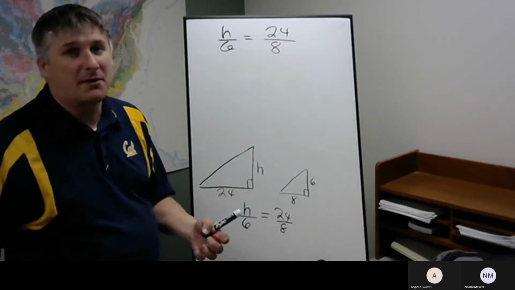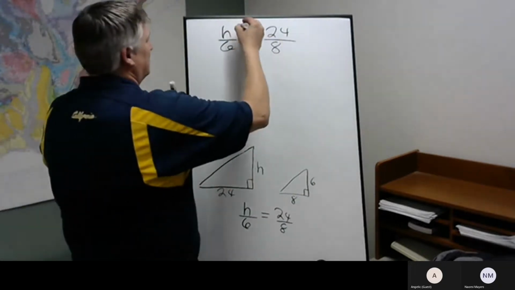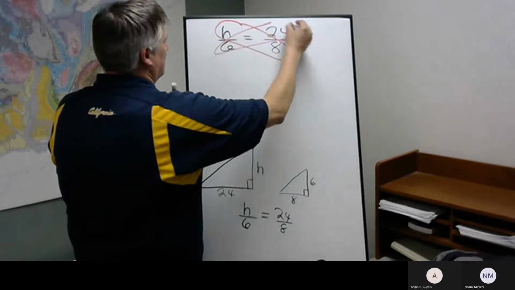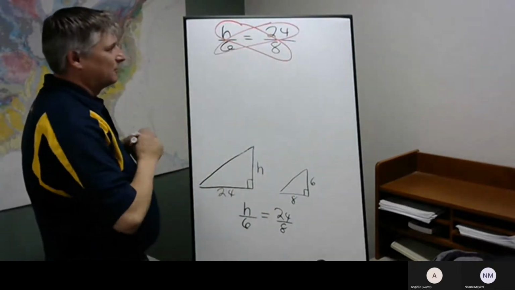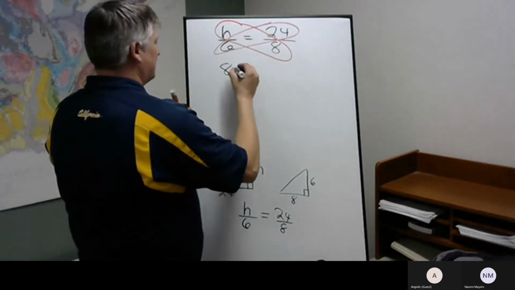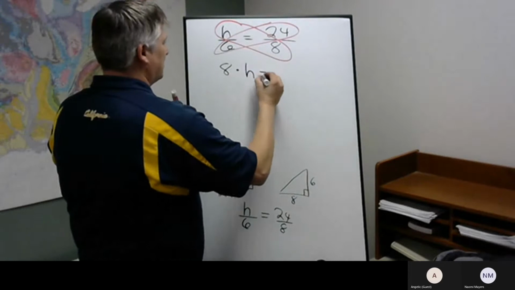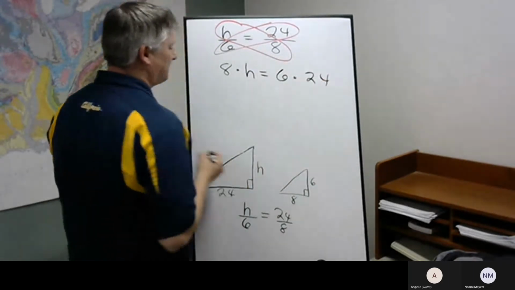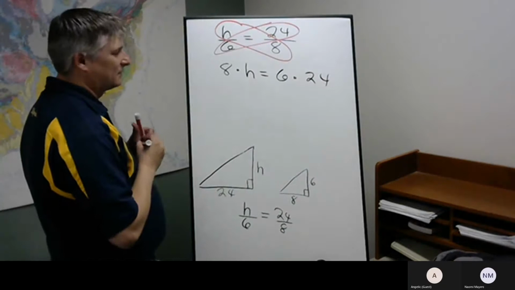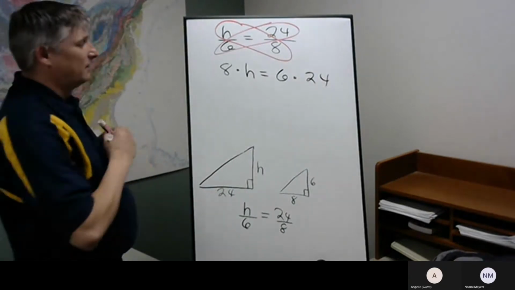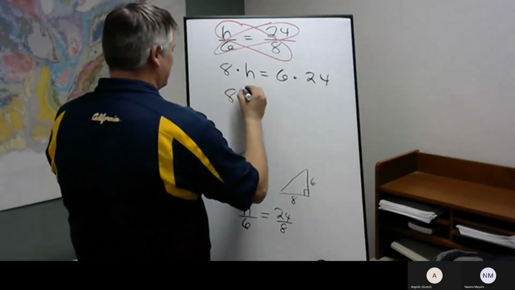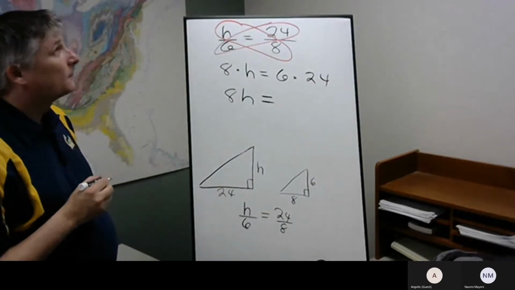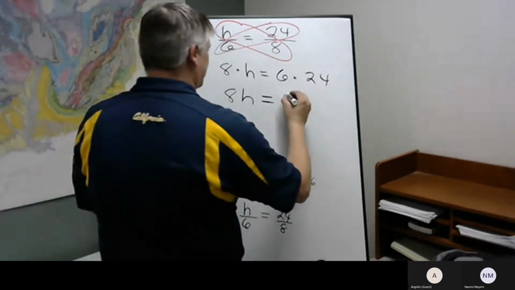I'm just going to stick to the same process. So I get 8 times H is 6 times 24. Or 8H equals, let's see, that's 120, 144.